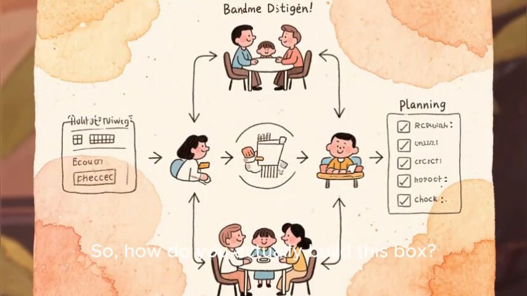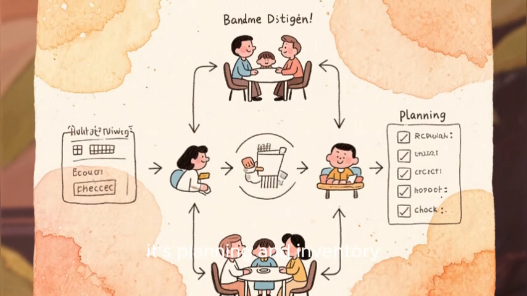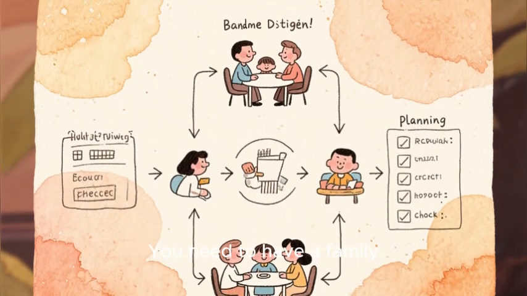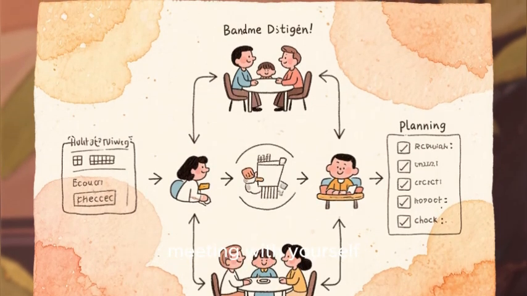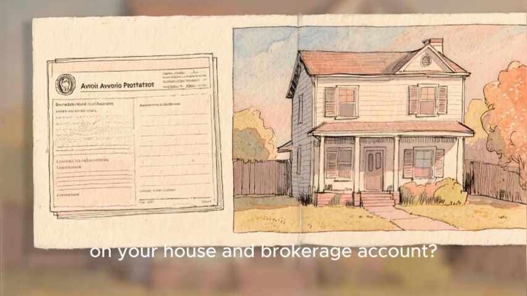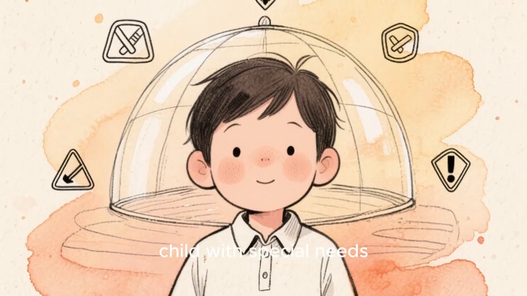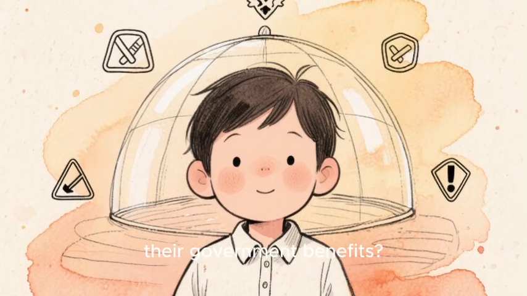So how do you actually build this box? Step one is not drafting documents, it's planning and inventory. You need to have a family meeting with yourself. What are your goals? Is it simply to avoid probate on your house and brokerage account? Is it to provide for a child with special needs without jeopardizing their government benefits?